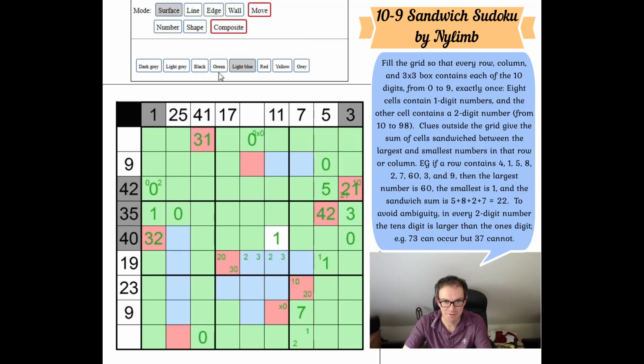Let's colour it in green again, otherwise it's going to look a bit strange. Now, this being a 1, that's remarkably unhelpful. So these two squares here sum to 11.